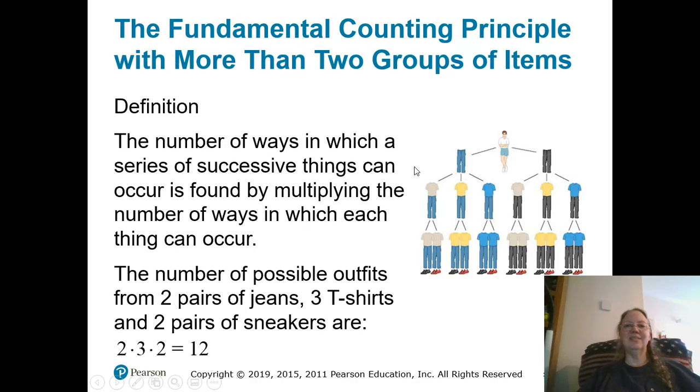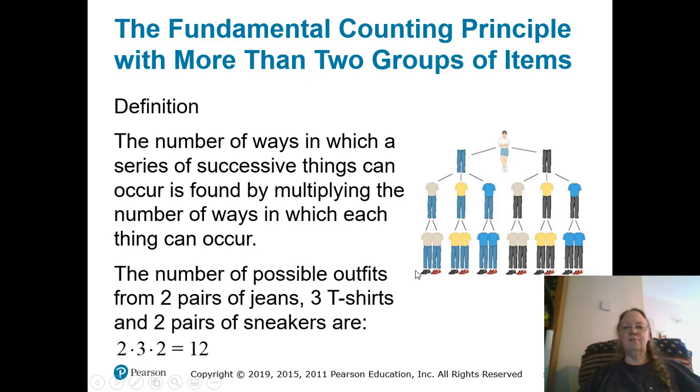You can extend this idea with more than 2 different groups. You can do it with 3 groups, 4 groups, 5 groups, whatever. By the way, this right here is called a tree diagram.